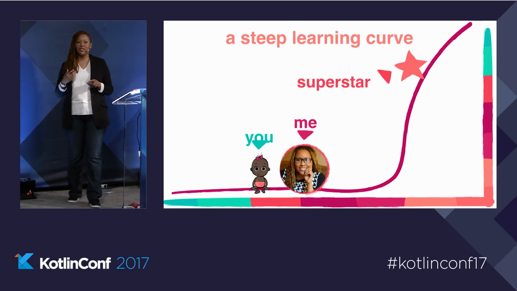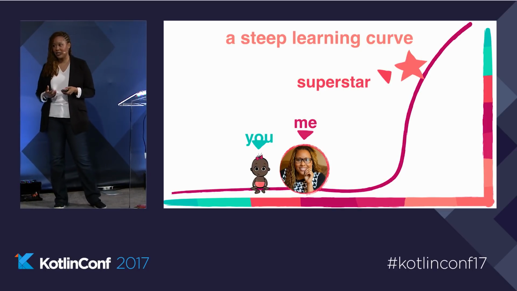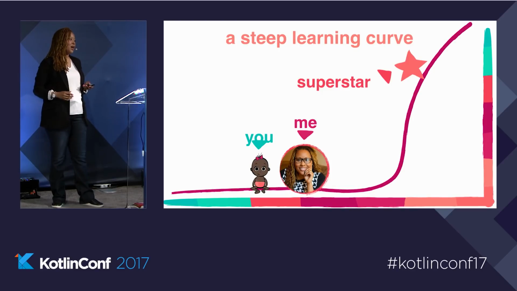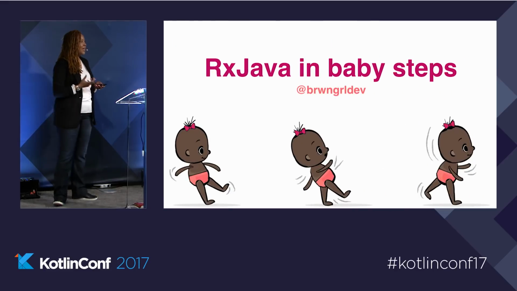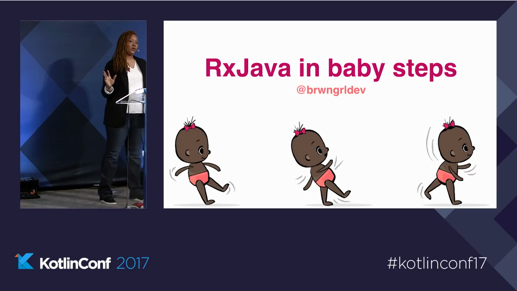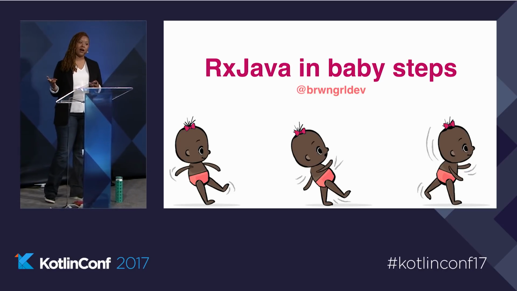I've spent a significant amount of time learning more and more about RxJava, and since I'm perhaps just a few baby steps ahead of you, I'd love for you to be able to do the same. In today's talk, we're going to focus on the 3 O's, or what we're going to call observables, observers, and operators.